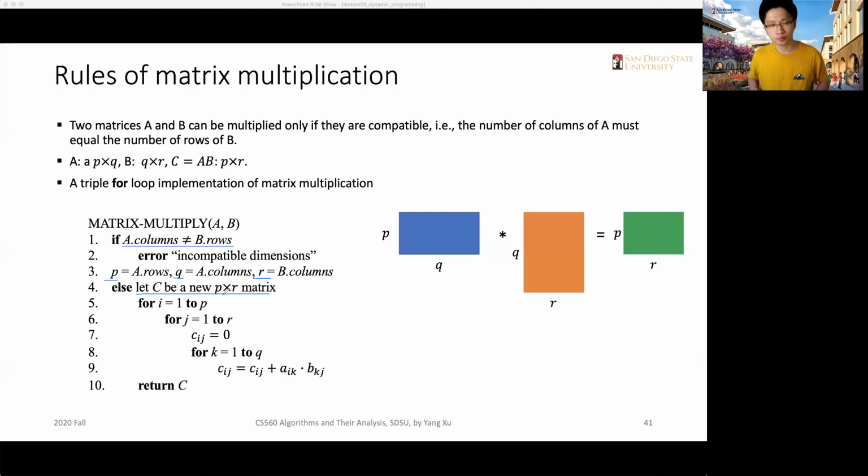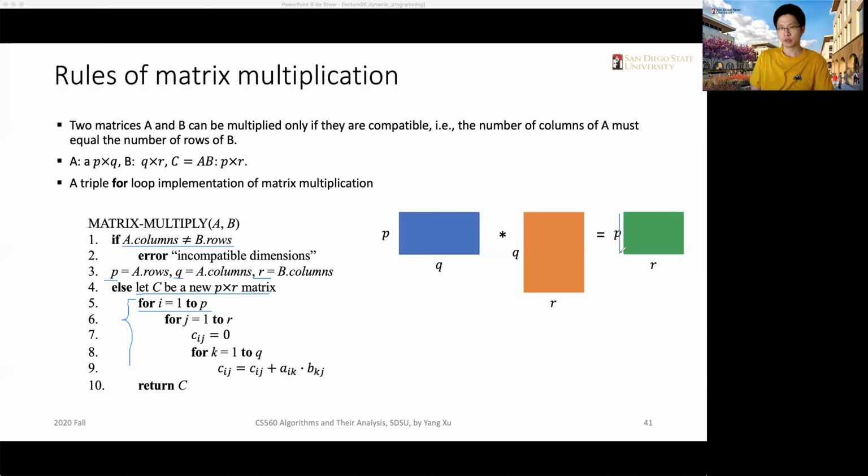Okay, so we'll look at how much computation will be needed in order to compute C. So it's a three-layer for loop, right? The first for loop iterates over 1 to P. You can think of it as iterating over the rows.